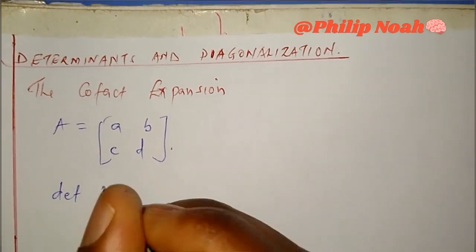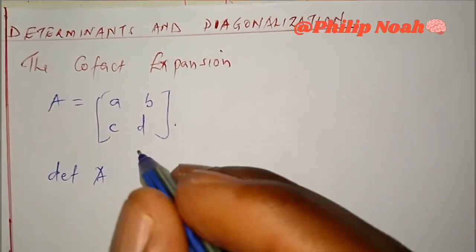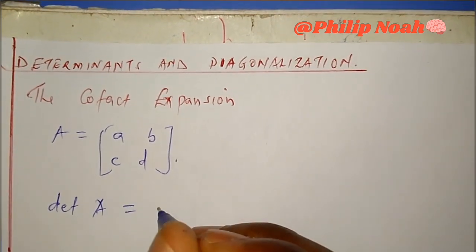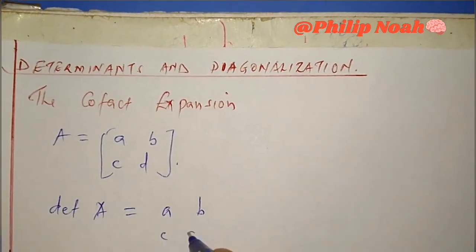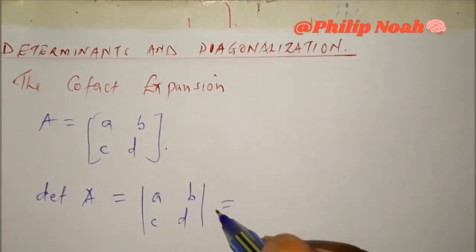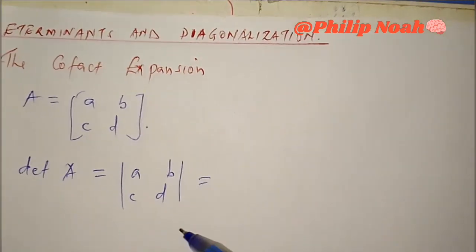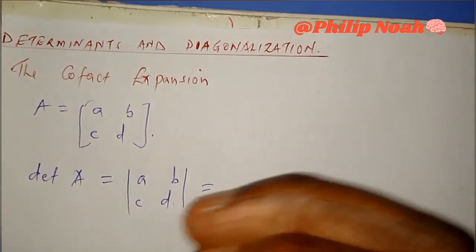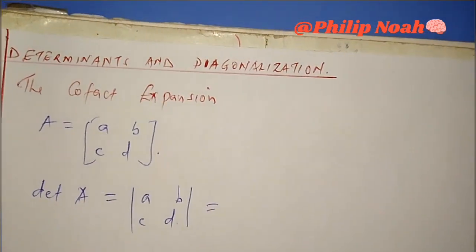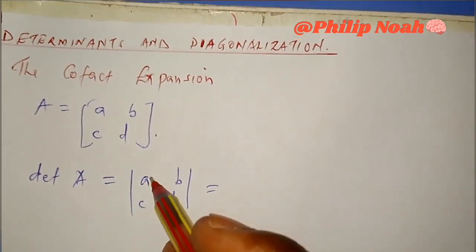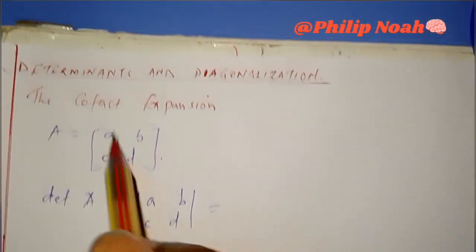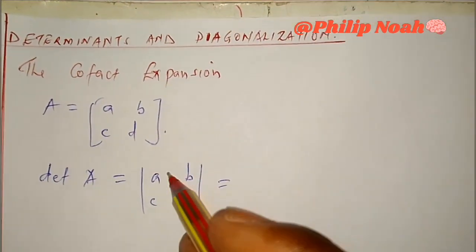The determinant of A is given by A, B, C, D this way. So we take the product of this diagonal. Remember, we are dealing with determinants and diagonalization.